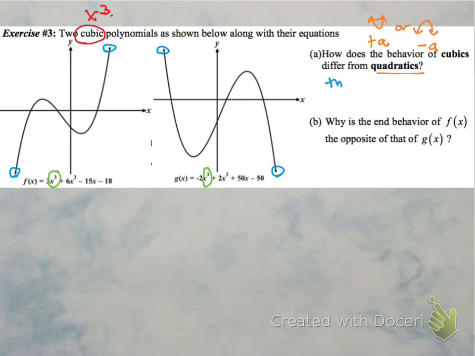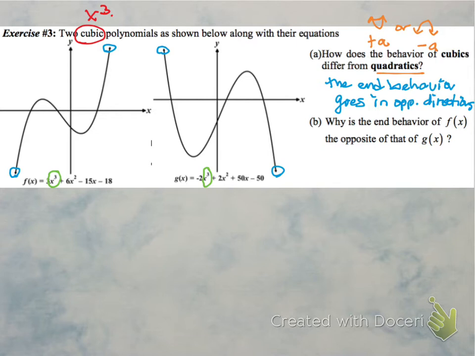So the end behavior goes in opposite directions. Okay, so that's how we can tell a cubic from a quadratic.